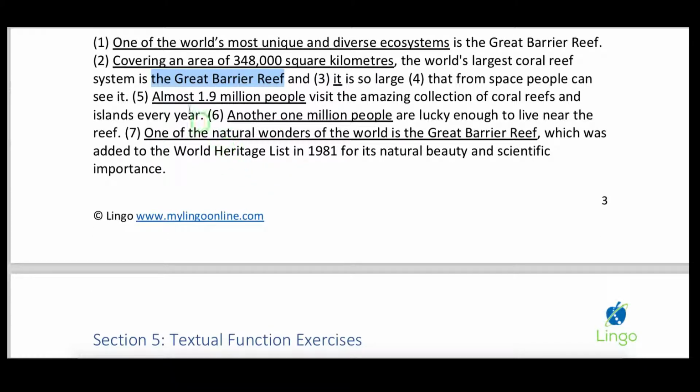Okay, I go on. Almost 1.9 million people visit the amazing collection of coral reefs and islands every year. Again, the Great Barrier Reef is put into the focus position. It just sounds strange. Another 1 million people are lucky enough to live near the reef. One of the natural wonders of the world is the Great Barrier Reef. Now, this is just really repetitive and strange, isn't it?